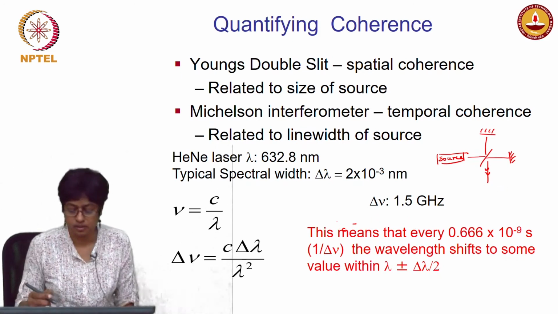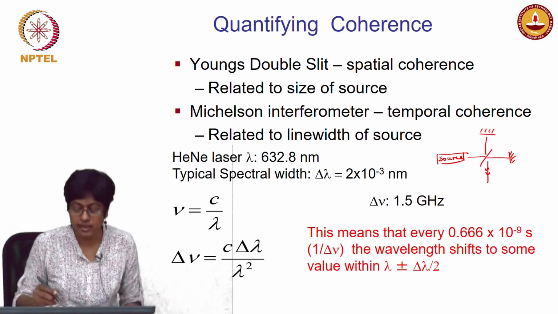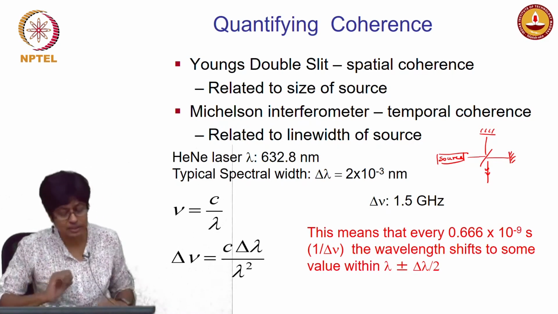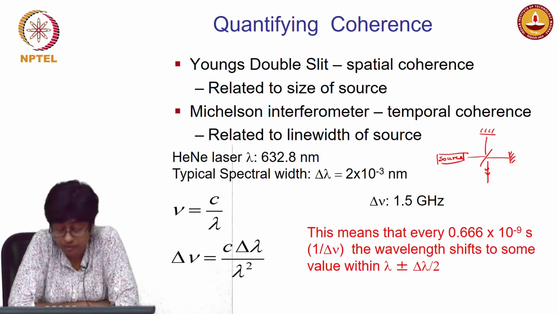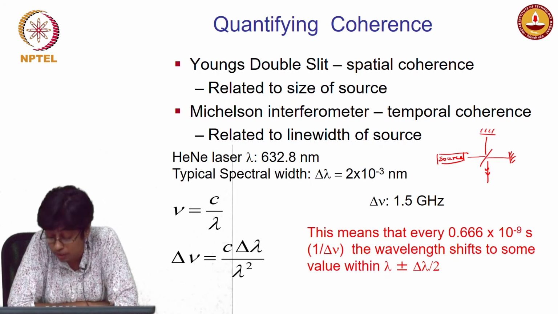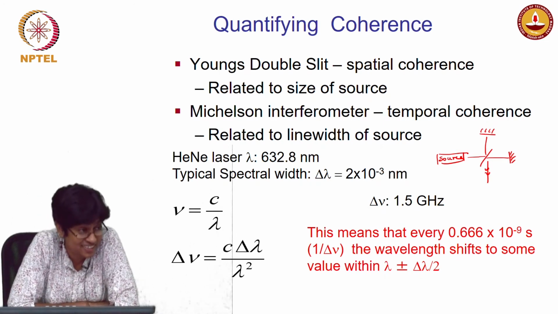Okay. So, if you look at the numbers for this particular source, we already said 1 over delta nu is the coherence time, and if your delta nu is 1.5 gigahertz, that means 1 over delta nu is in the order of 10 to the power minus 9 seconds. That's the coherence time.